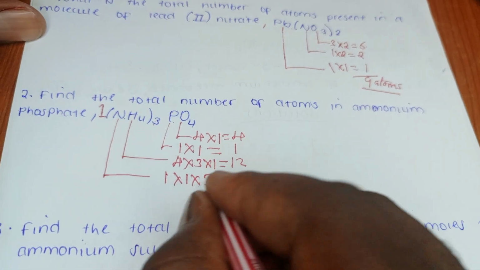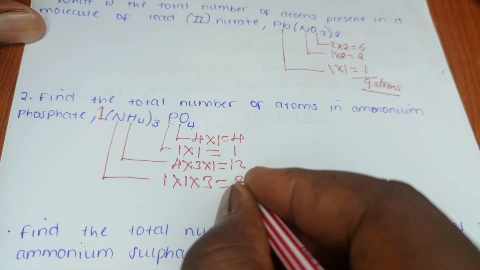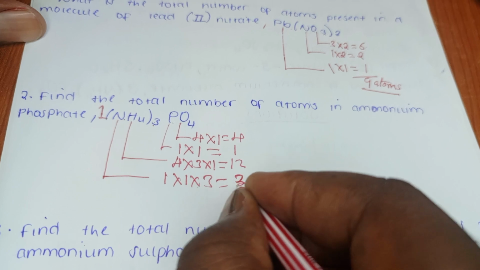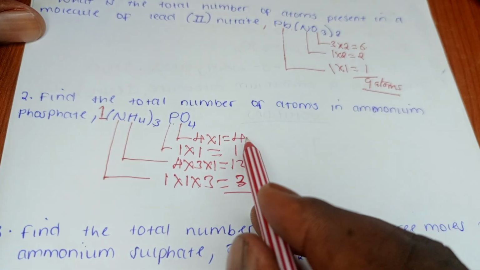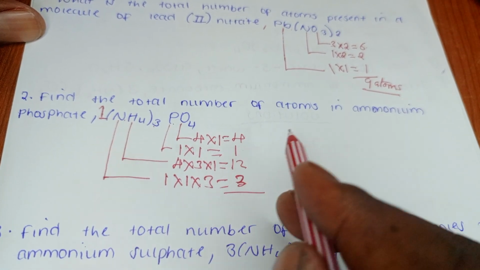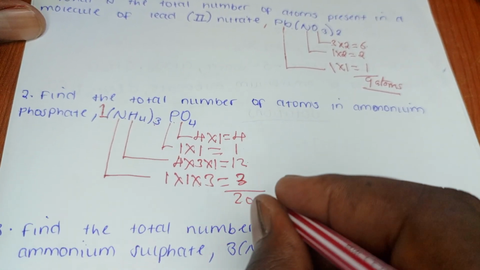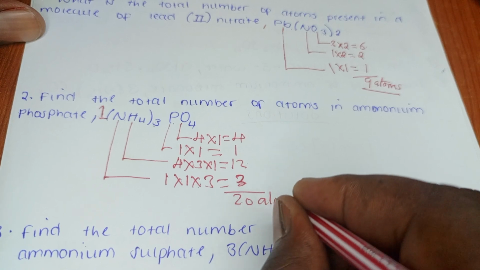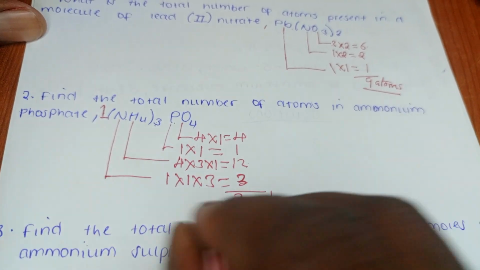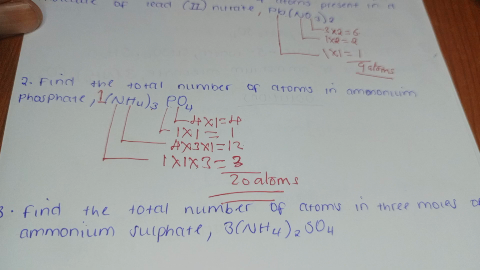So it is times 3, then equal to 3. Then we add everything. So 4 plus 1 plus 12 plus 3, what's the answer? 20. 20 atoms. That's the final answer there. Good.